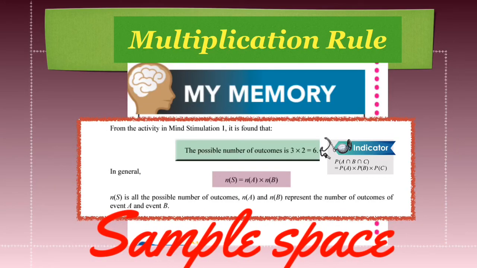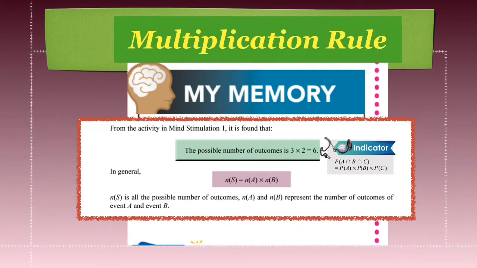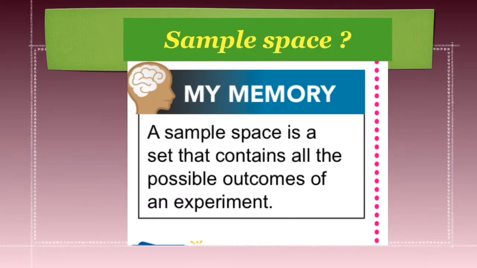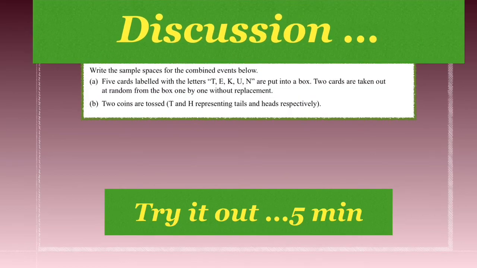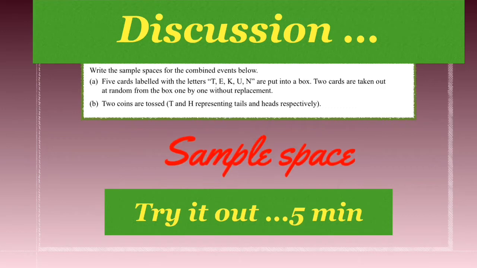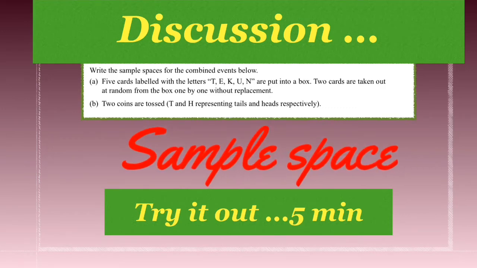So the number of the sample space is equal to the number of outcomes of event A multiplied by the number of outcomes of event B. S is all the possible outcomes, and n(A) and n(B) represent the number of outcomes of event A and event B. A sample space is a set that contains all the possible outcomes of an event. Let's discuss the sample space for the combined events below.